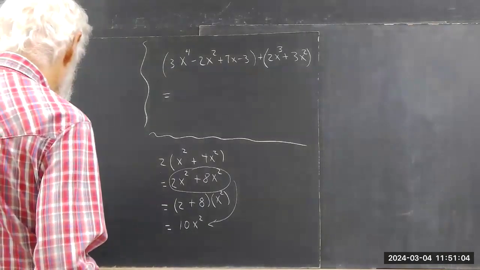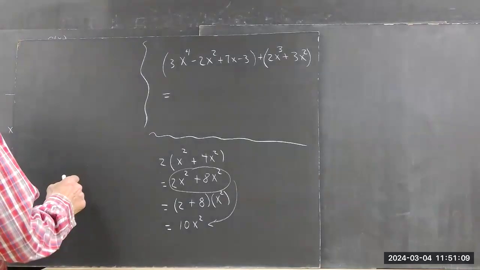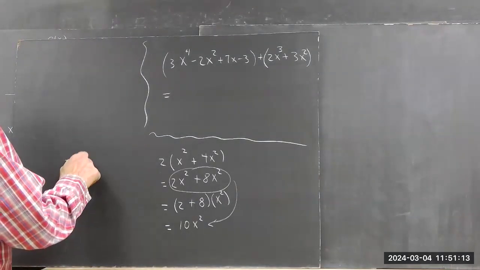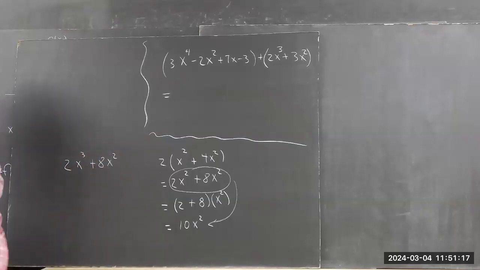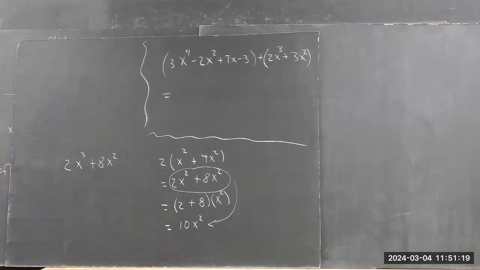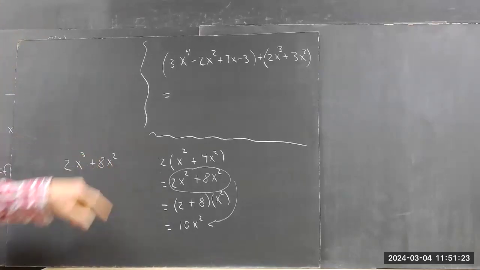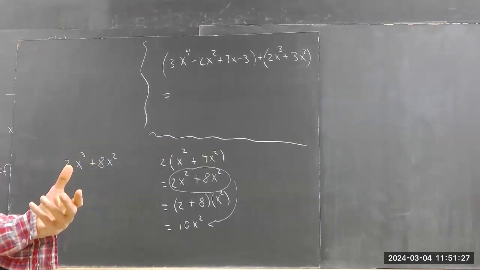Okay, now, if it was 2x cubed plus 8x squared, you can't combine these because x is a variable and x could take a bunch of different values.